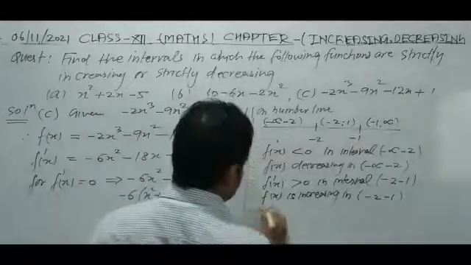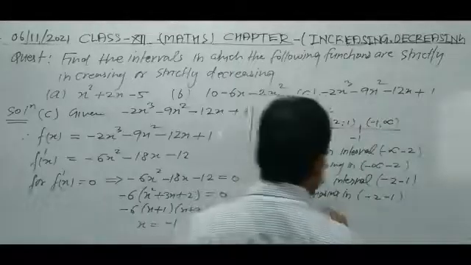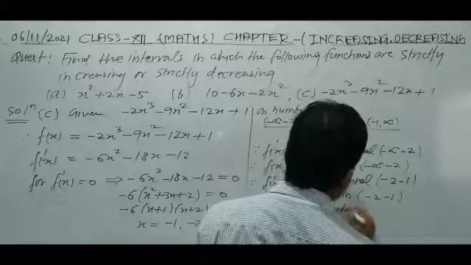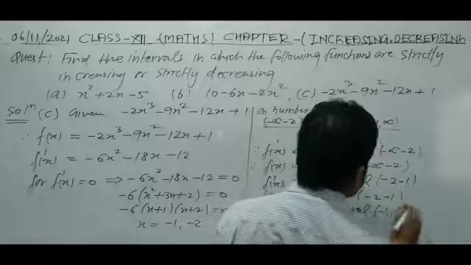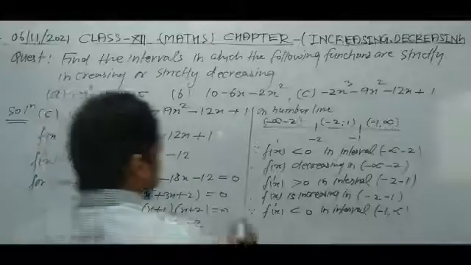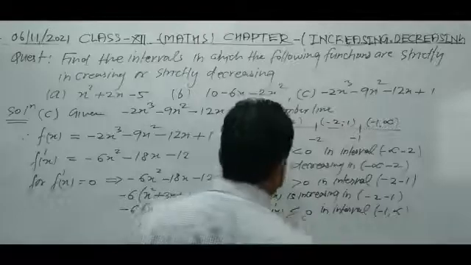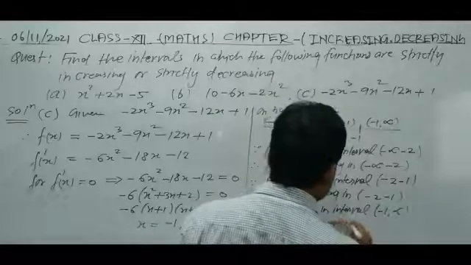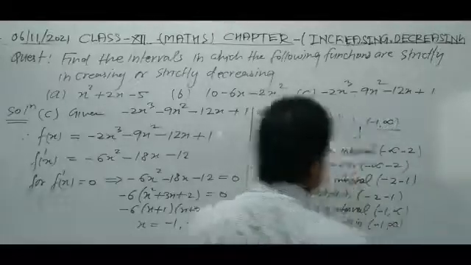So since f dash x is less than 0 in the interval minus 1 to infinity, therefore f(x) is decreasing in minus 1 to infinity.